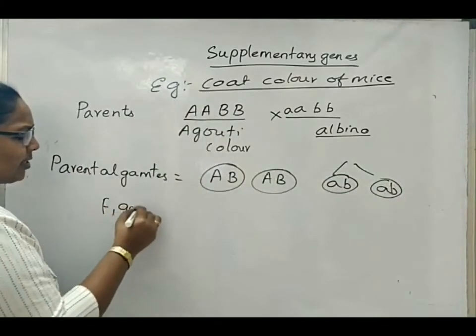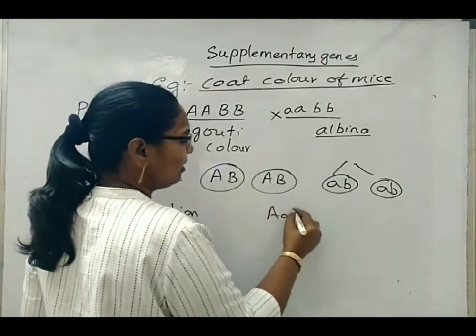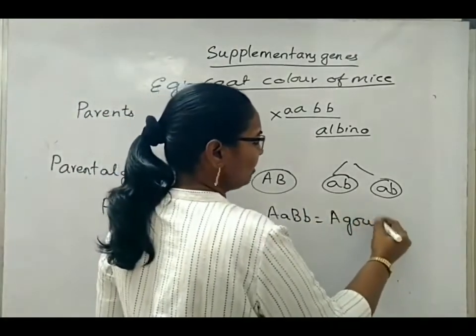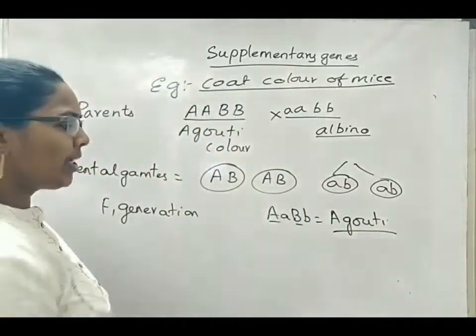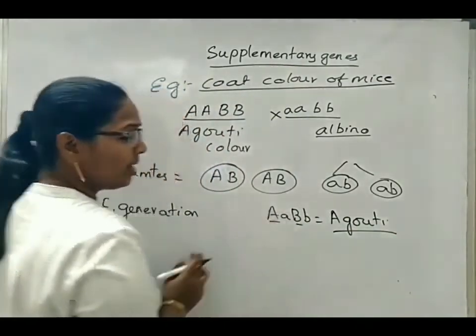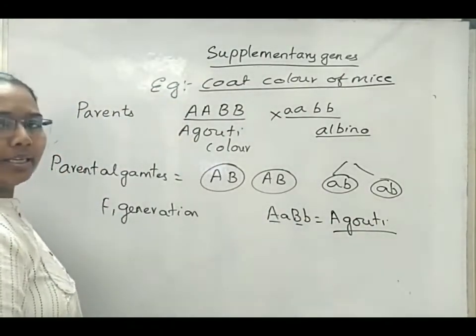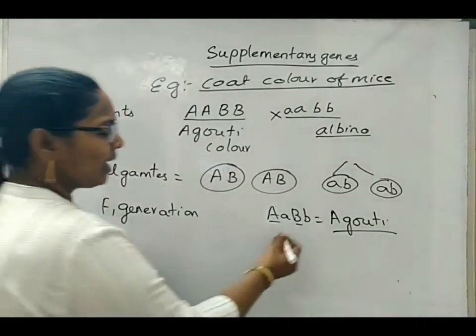In the F1 generation, the combination of the alleles will be like this. Then what will be the color? Color will be agouti. Because there are two dominant alleles here, which are paired with their own contrasting recessive alleles. When such combination is obtained, then the color will be agouti color. We will see the F2 generation by taking gametes from this one.